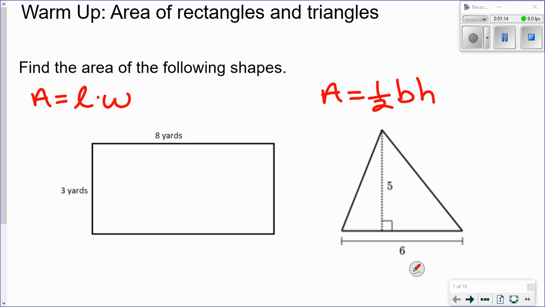All right, so hopefully when calculating the area of these two figures, your work for the rectangle looks like this. You use the length times width formula and did 3 times 8. And when you do 3 times 8, you should get an area of 24 square yards.